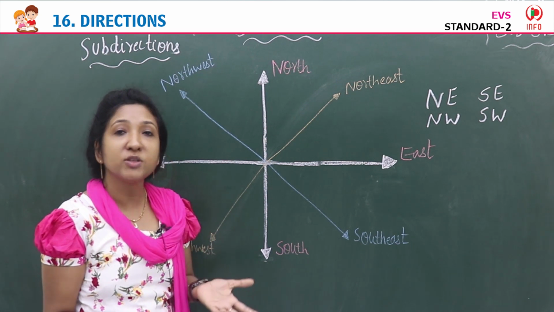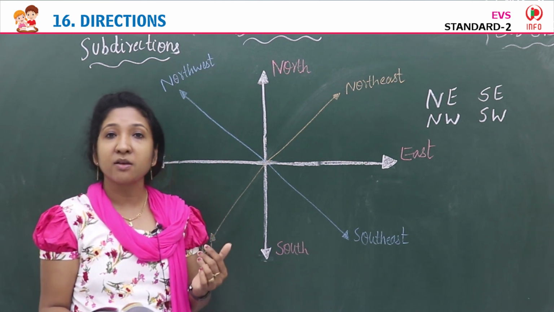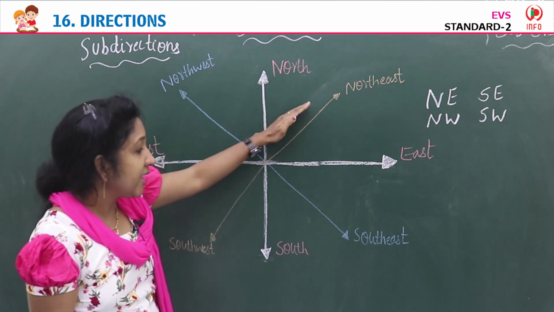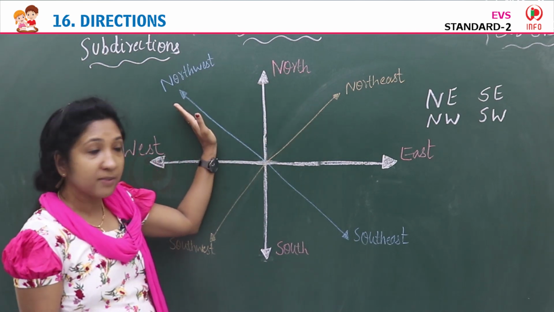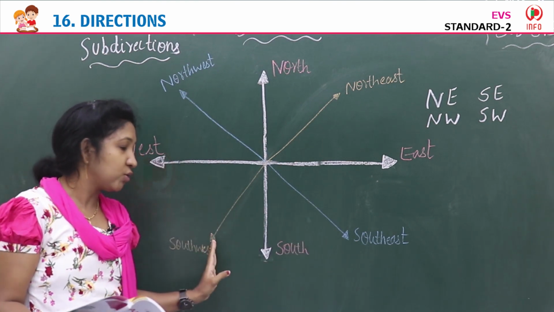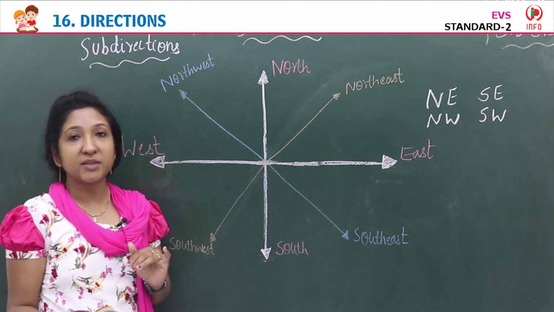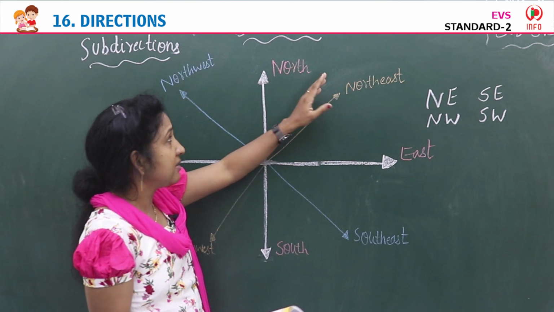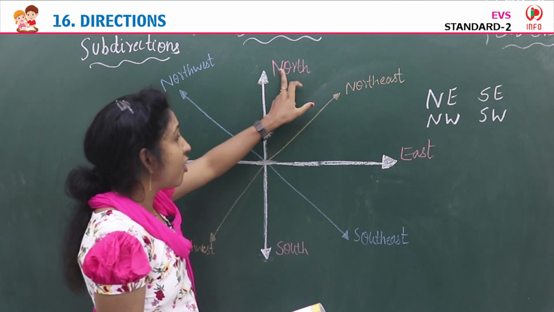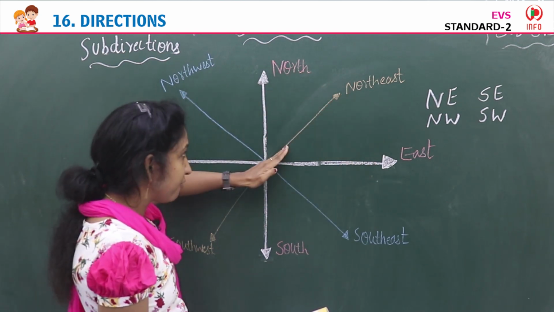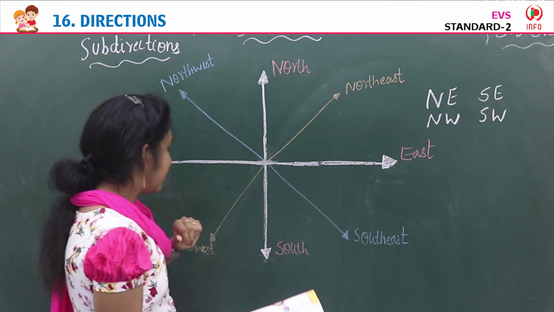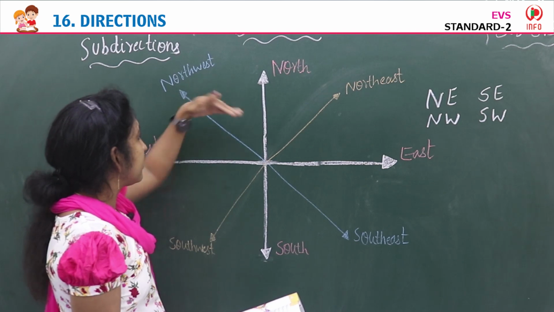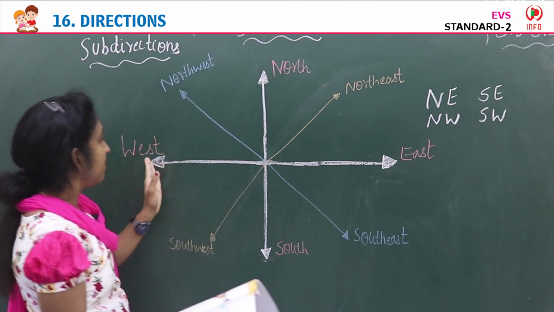Which are the four sub-directions, children? Northeast, northwest, southeast, southwest. Northeast means halfway between north and east, and northwest means halfway between north and west.